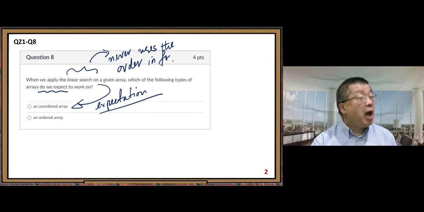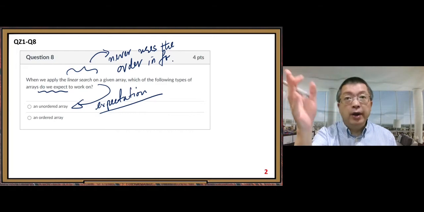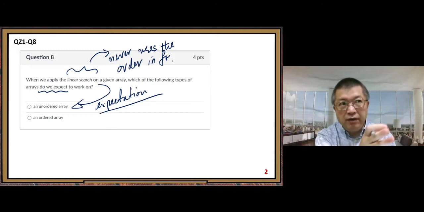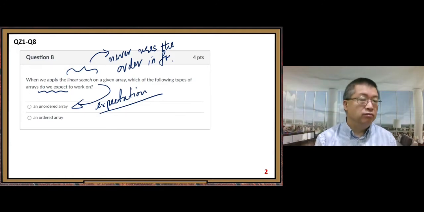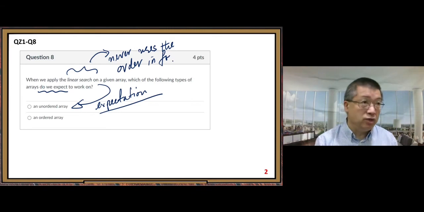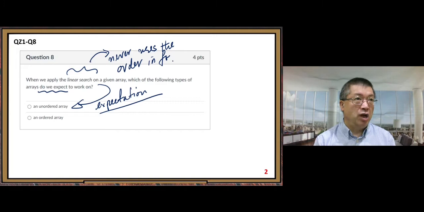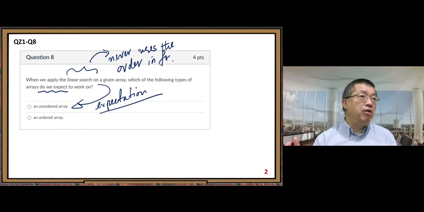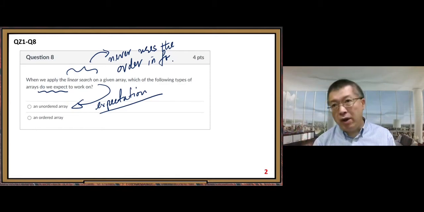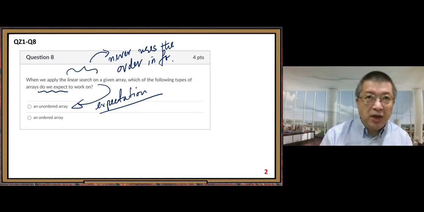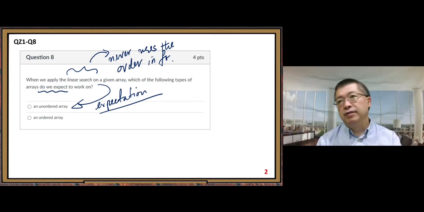If the input happens to be an ordered array, that's fine. We treat it as if it is unordered, because we do not take advantage of the order information. Even if there is some important order information there, this algorithm is just designed in that way. So that is the meaning behind this question.